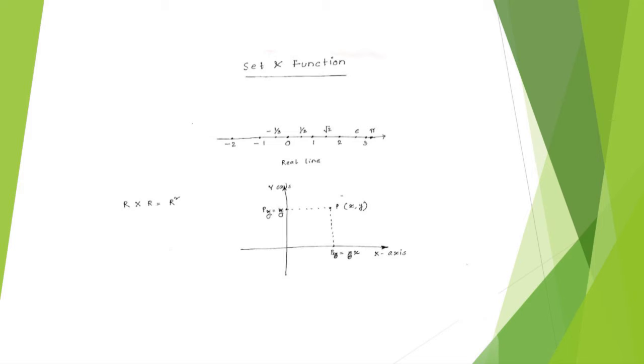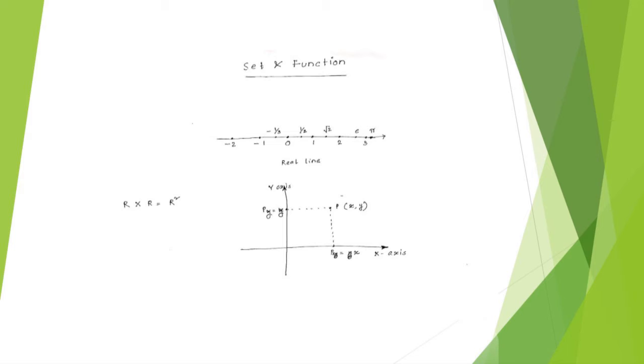Our notation for the coordinate plane is R cross R, that is capital R cross capital R, or R square.